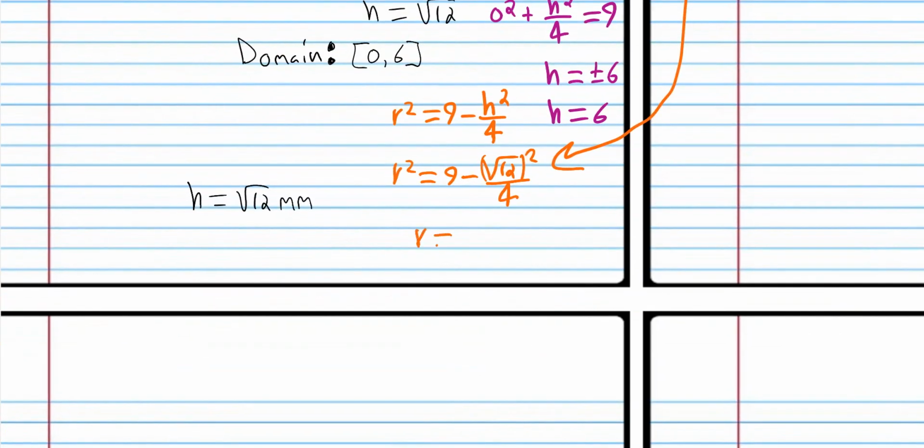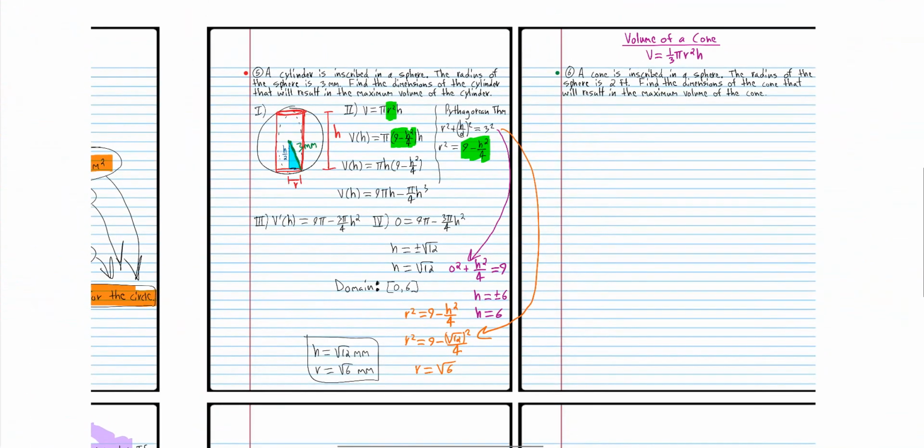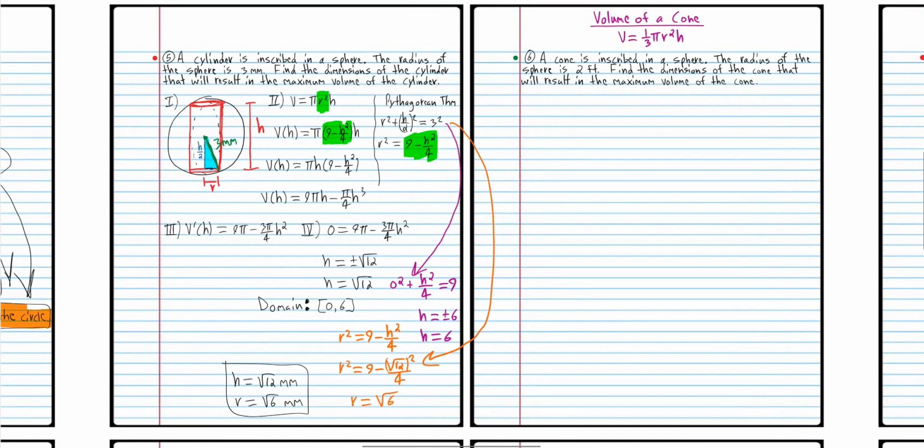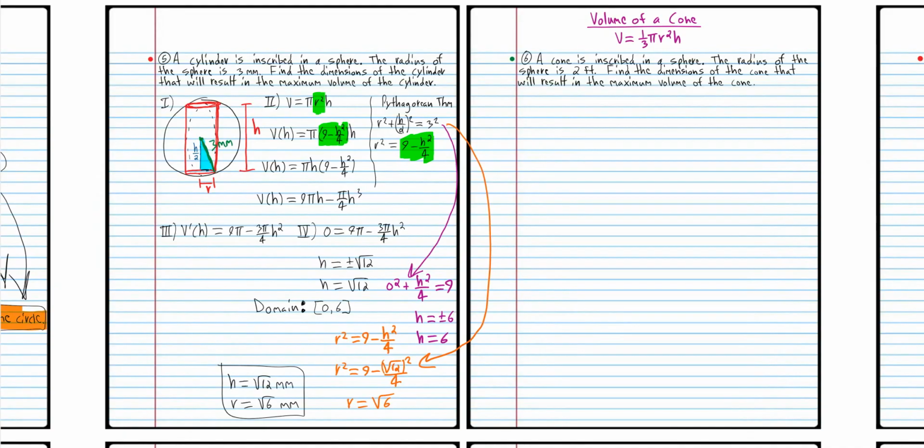So r would just be root 6. So h is root 12 and r is root 6. So those are the dimensions. And don't forget to write your units.